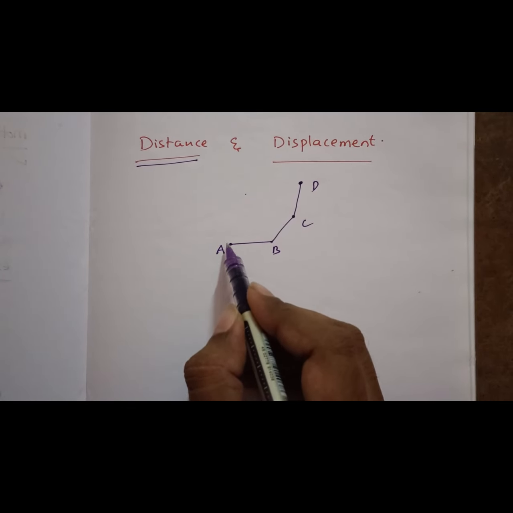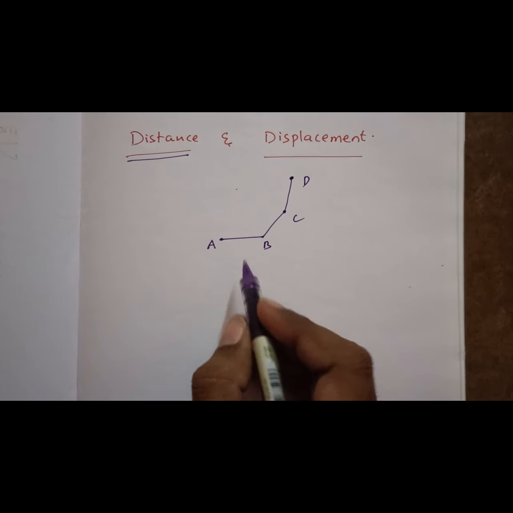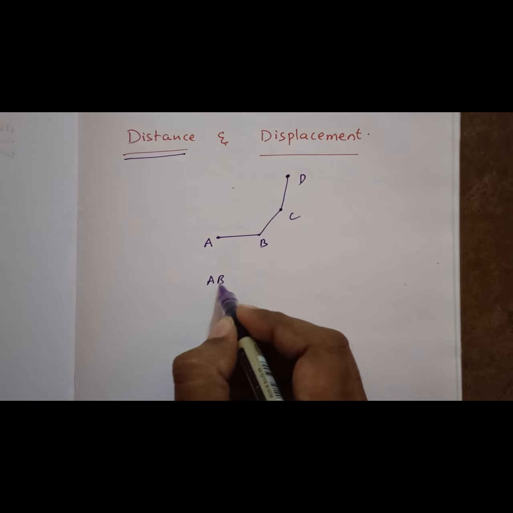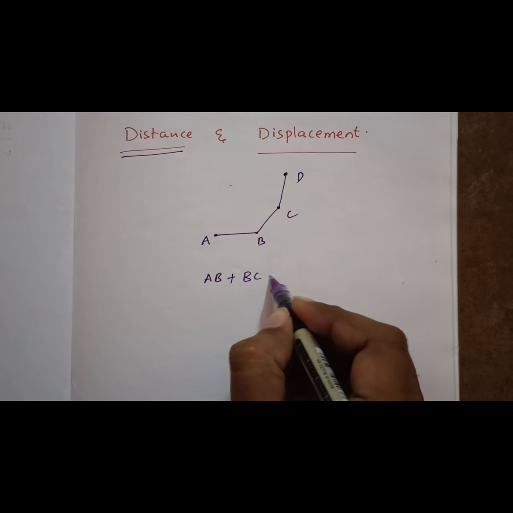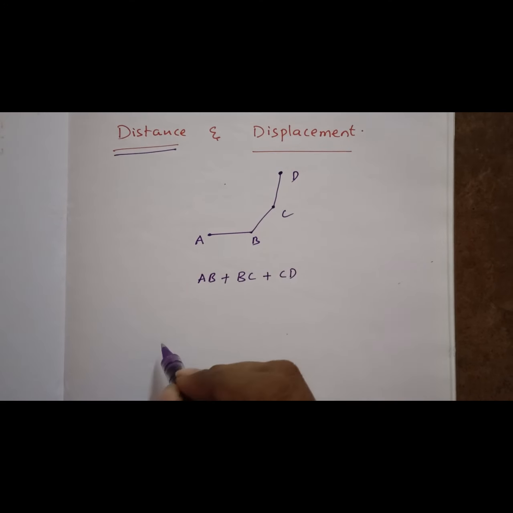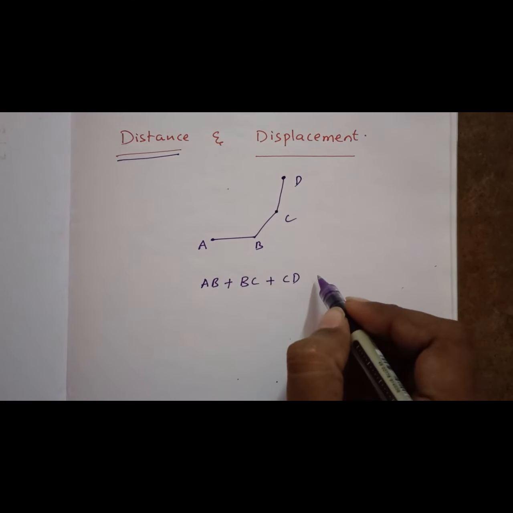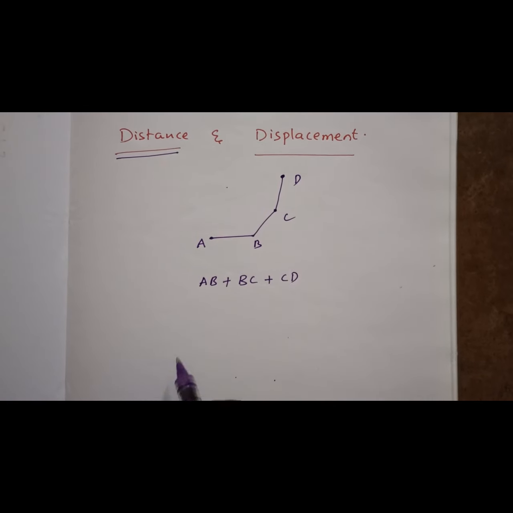Now, what is the distance he covered? AB plus BC plus CD is the distance he covered.